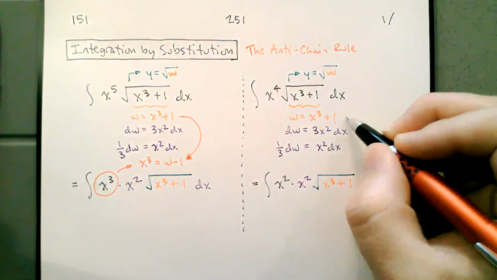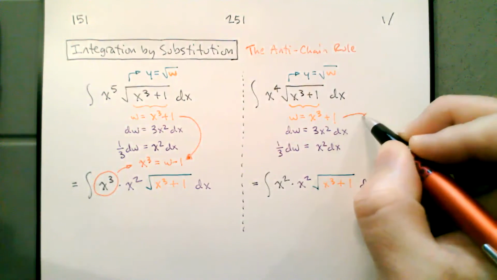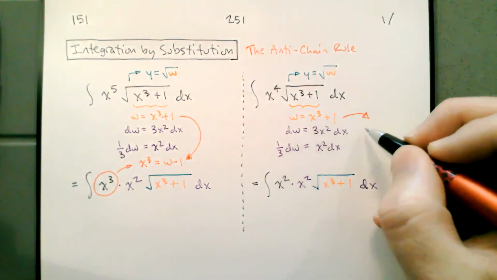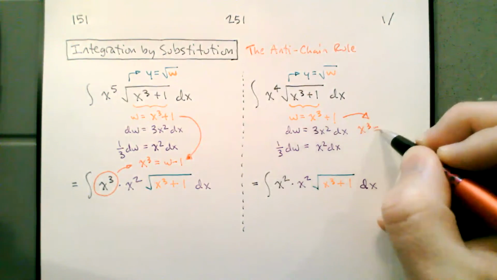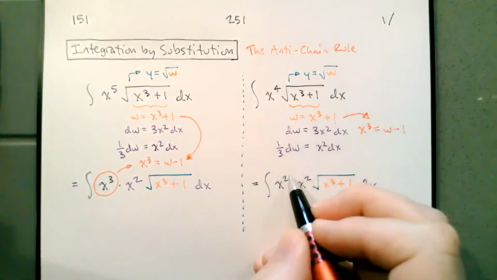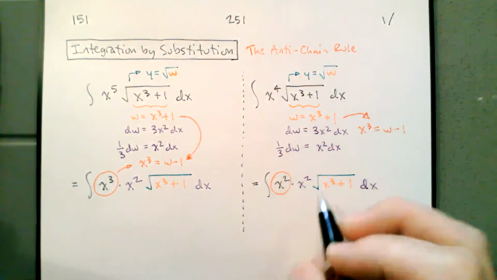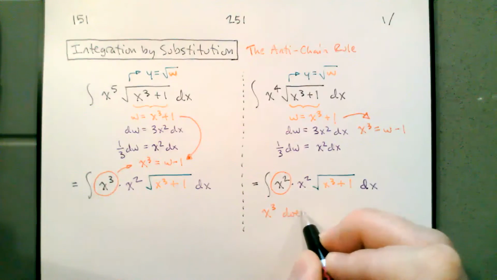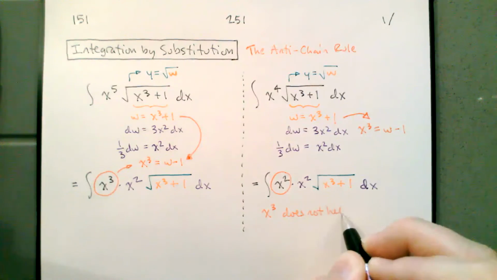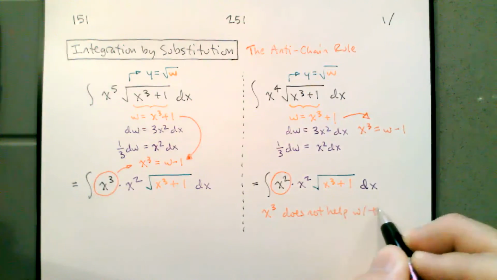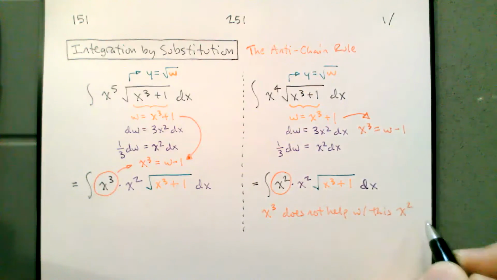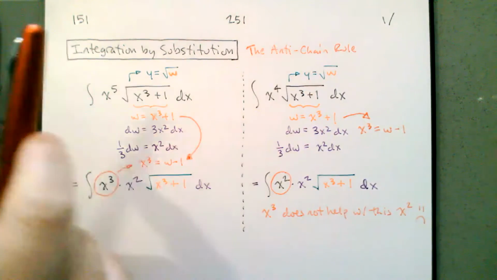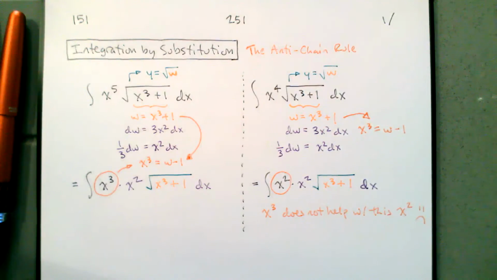So even though we can solve for x cubed, that doesn't help us with the x squared. Being able to write x cubed as w minus 1 doesn't help us because we need to replace an x squared.